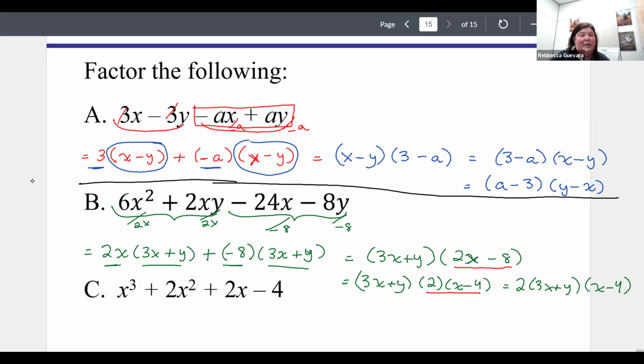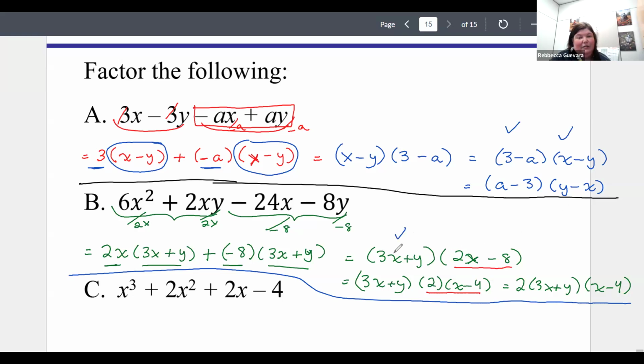Or you may have at the very beginning realized that all these were divisible by 2 and pulled the 2 out first. But just something to always be careful of is look at your factors and see, can I actually factor further? Like here, these don't factor any further. Here, that one's okay, but this one can be factored further.